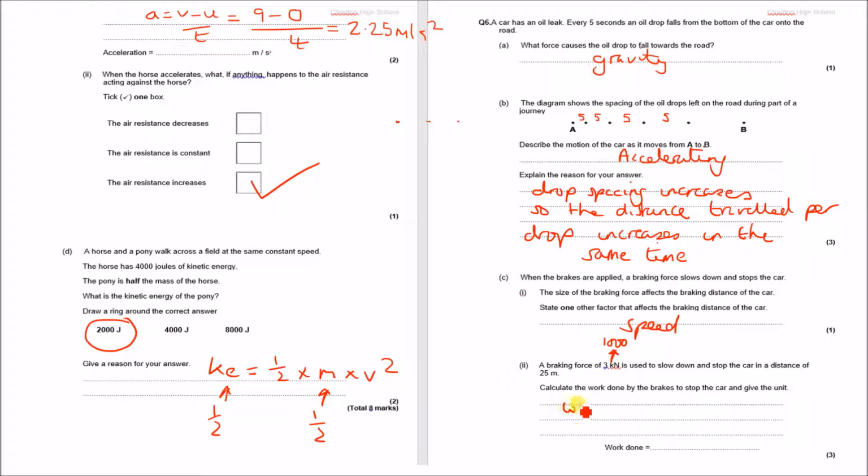Well, we're going to use work done is equal to force times distance here. What is our force? 3,000 newtons, and we're timesing that by 25, and that will give us our work done. Okay, so 3,000 multiplied by 25 is equal to 75,000, and that is in joules, remember.